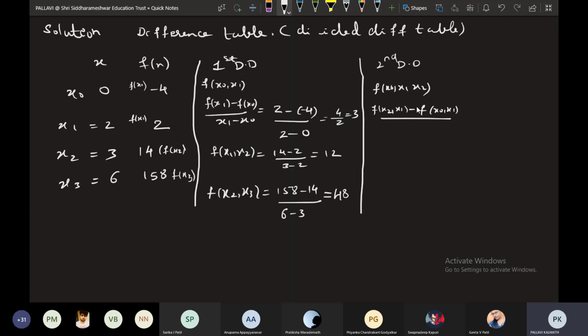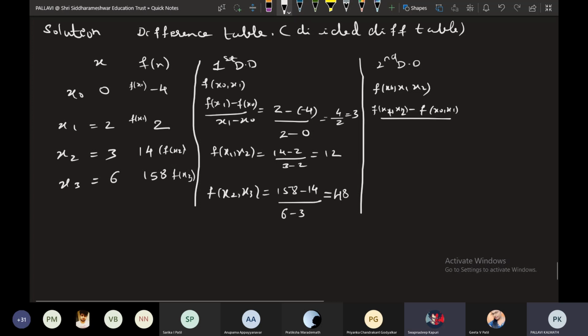Is it correct? Or should it be f of x1, x2 minus f of x0, x1, divided by how much? x2 minus x1. Yeah, what happened?